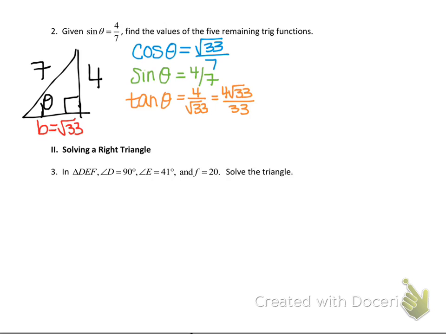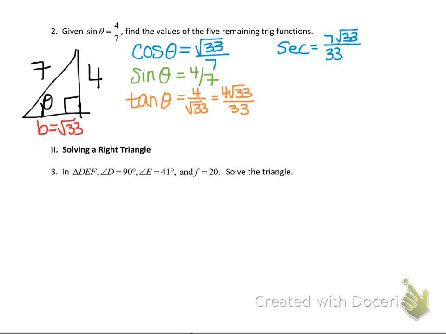Okay, so let's do the secant, which is 1 over cosine. So this is going to give us 7 over root 33. But when we rationalize it, we're going to be left with 7 times root 33 over 33.